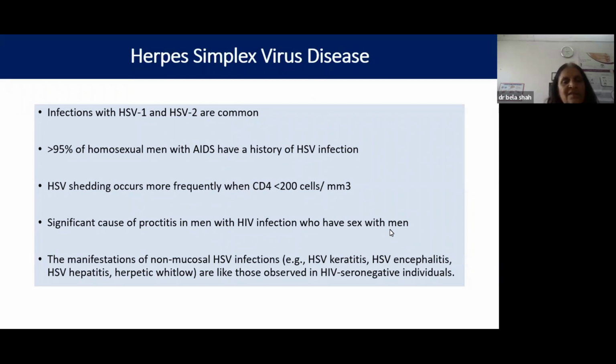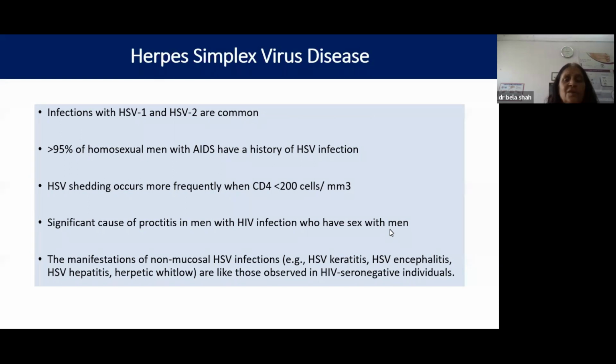This virus remains in the body, and even when they do not have overt disease, the shedding of the virus continues. That's very, very important in an asymptomatic patient. And it occurs when the CD4 count is low. And it is a major cause of proctitis in men who are MSM.